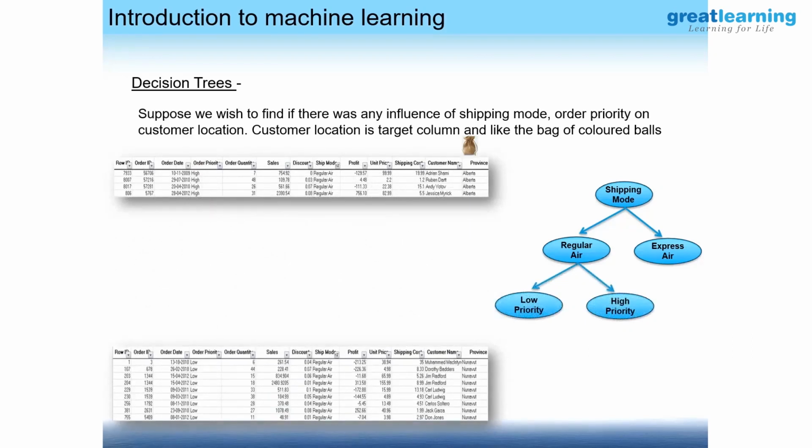Now the entropy of the target column at this level will be less than the entropy of the target column at the level above, and so on. So the objective of decision tree is to break your data into smaller and smaller sets in such a way that the entropy of the target column in the child nodes is less than the entropy of the target column in the parent node.